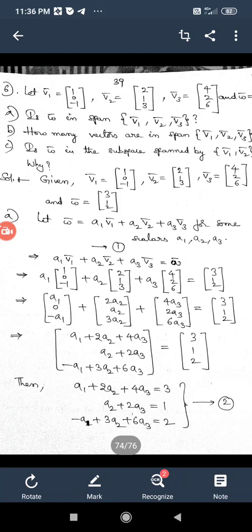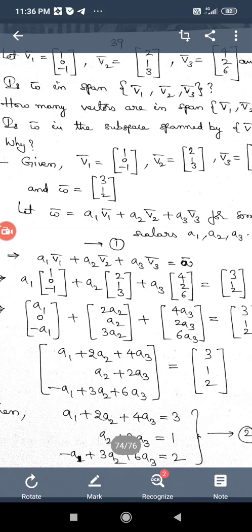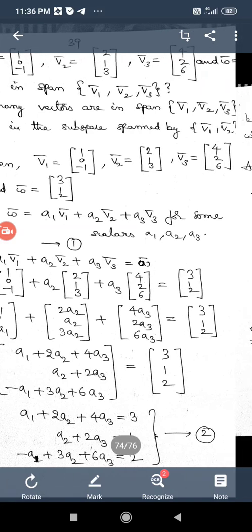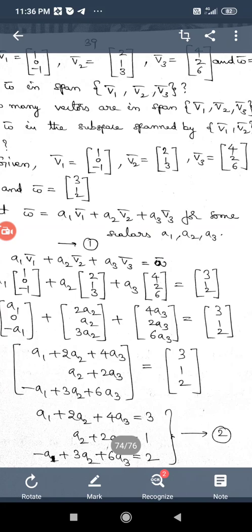Now we have written v1 bar, v2 bar, v3 bar and w bar, and we move to the solution of bit A. Let us suppose that the vector w bar can be expressed as a1 v1 bar plus a2 v2 bar plus a3 v3 bar for some scalars a1, a2, a3.